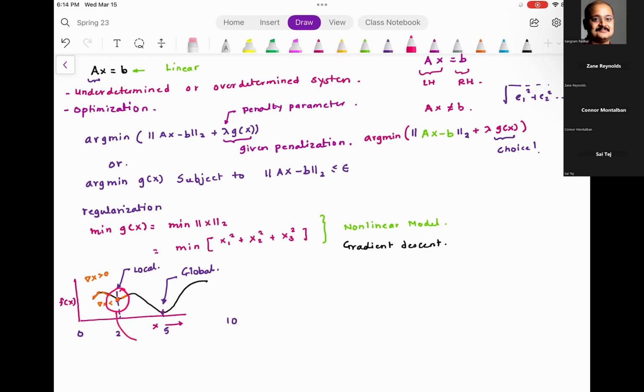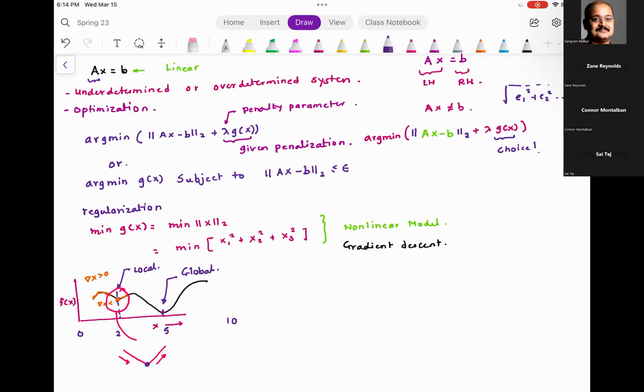You would notice the gradient on one side and the gradient on the other side is different. Here the slope is decreasing, here the slope is increasing. So if the slope is increasing and decreasing, this is the point where the slope is 0. So this could possibly be a minima.